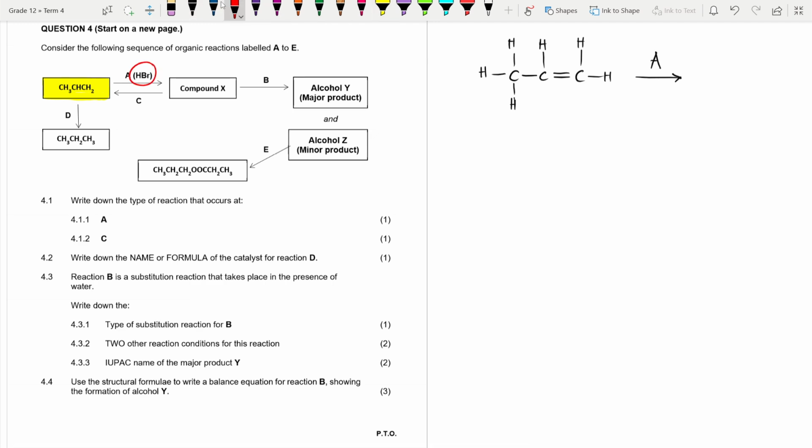Here is the HBr that they show here. That's the only clue that I have to compound X. Otherwise, I don't know anything about it. So I'm going to do exactly that. This is just us breaking down everything. We haven't really gone into the questions, and I do suggest that you do this. You first need to break down the diagrams.